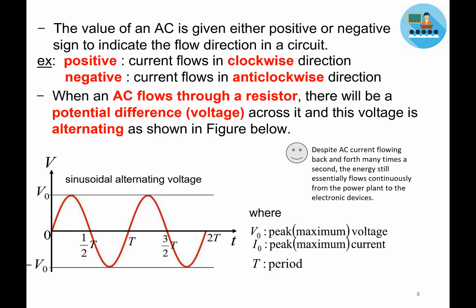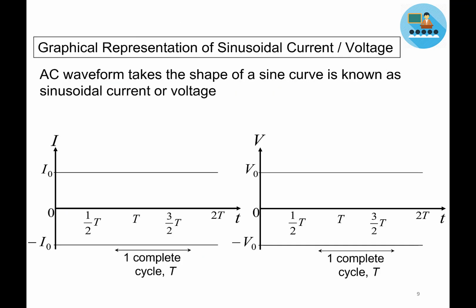If we look at the graph, V0 represents the peak maximum voltage, and negative V0 also represents the peak maximum voltage in the negative direction. T is the period.